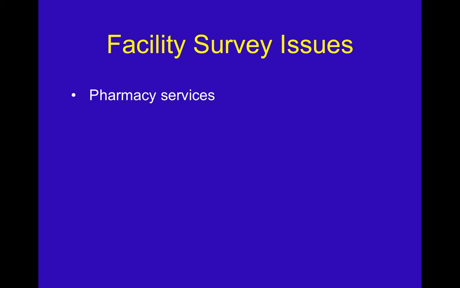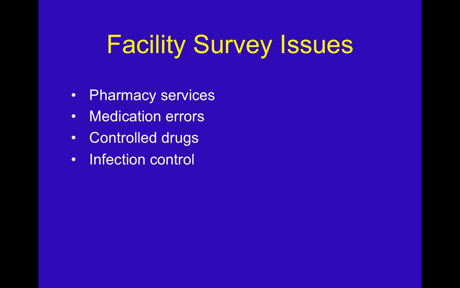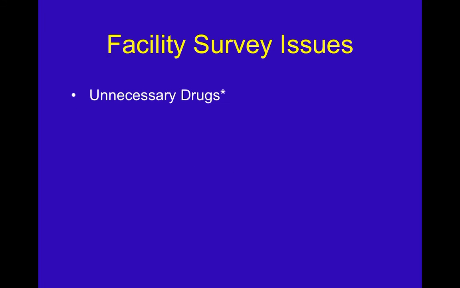Things that are looked at during the facility survey are pharmacy services, medication errors, how controlled drugs are handled and disposed, infection control, and psychotropic drug use. How appropriately are these drugs being used? Do they have indications? Is there an attempt to taper these medications when possible?